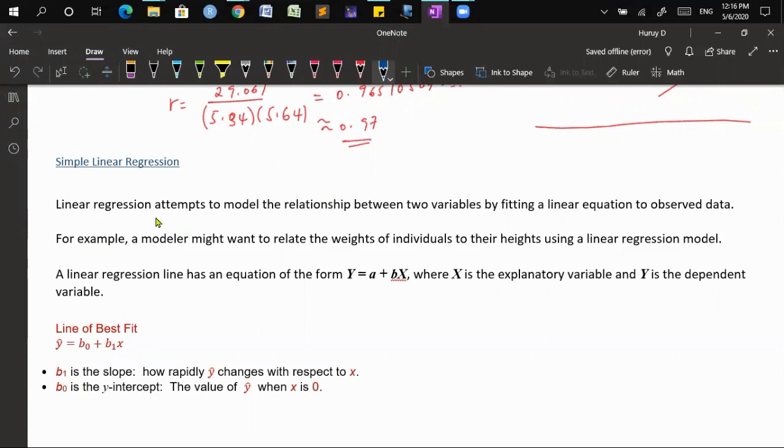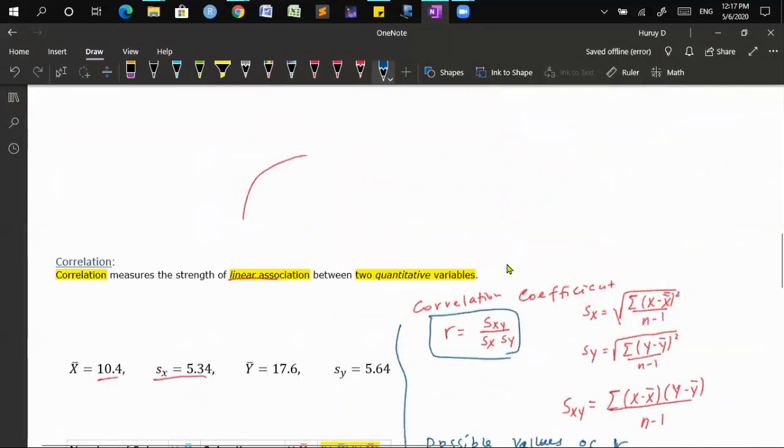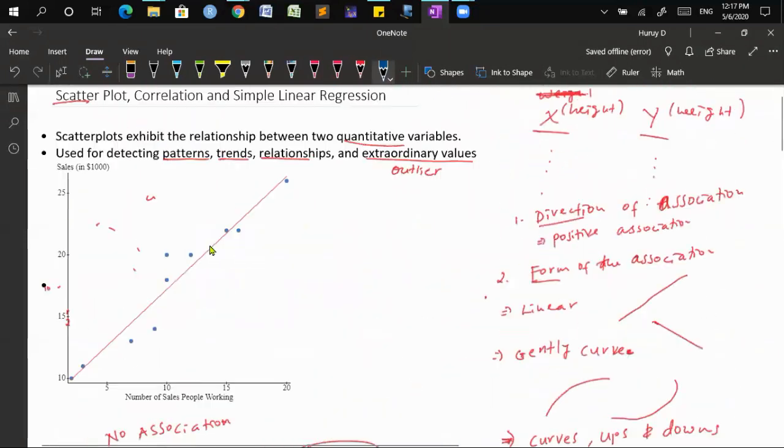So the linear model attempts to model the relationship between two variables by fitting a linear equation. It's not a complex line or a weird line. It's just a linear equation. So we fit a line of linear equation to the observed data, and that line will be used for predicting future values and so forth. For example, this is the line, this one.